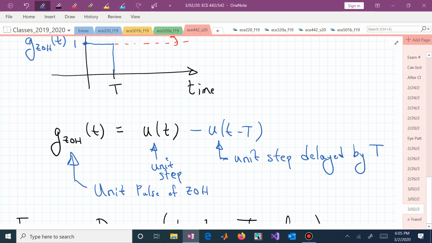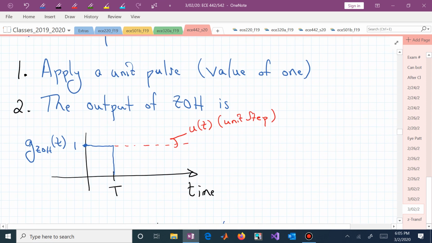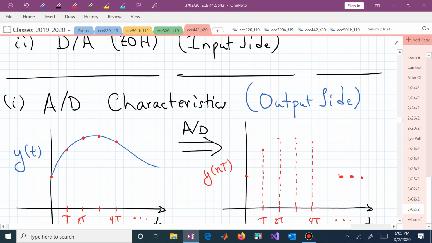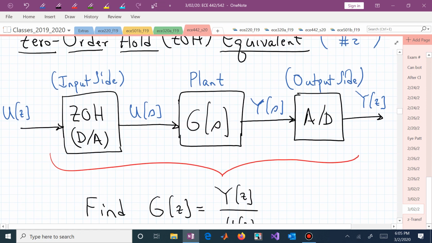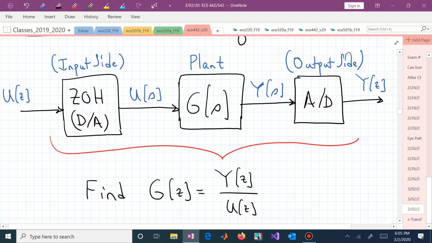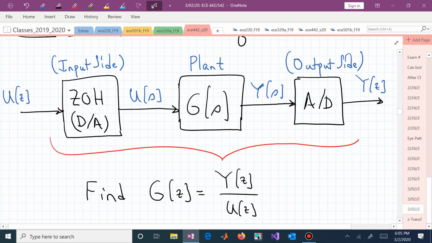Yes? So this is the analog domain. What was the digital domain? Was it just hitting it with 1? So now, this right now is the analog. We are finding the analog form of this D to A because we need to figure out how to get this discrete sequence of numbers, U of n, converted into a continuous time form that will drive our analog plant.